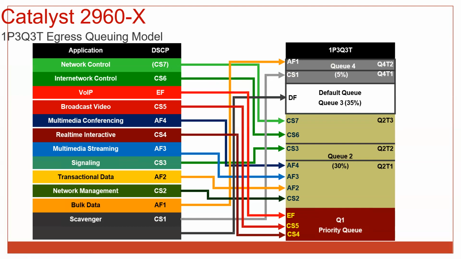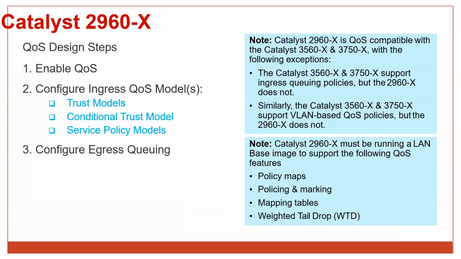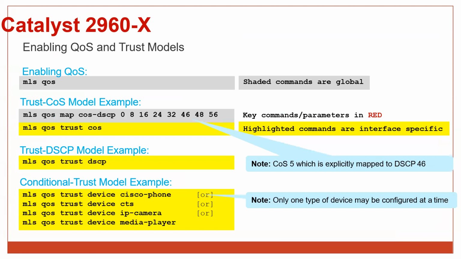Okay, do not worry, because I'm going to cover the same concept, but with a little more complexity, on other platforms as well. Now if you go and configure this 2960, you will see that in the configuration, first of all you have to enable multi-layer switch QoS, MLS QoS.